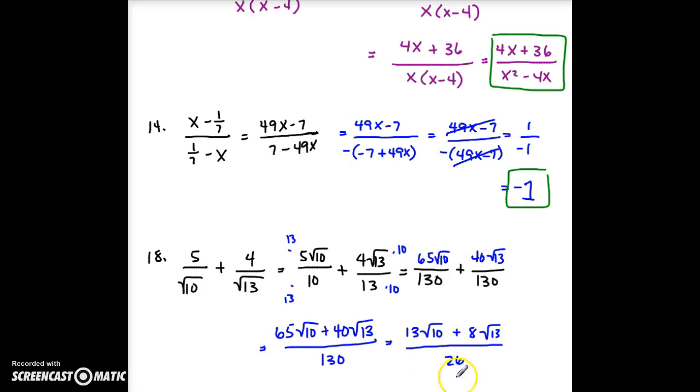Now, if you weren't sure of how to do this part, and this wasn't necessarily very obvious to you, you could have thought of it this way. If I simplify the fractions that I have here, the 65 root 10 over 10, and the 40, you would be able to find this without having to do so much extra work. So hopefully this helps.